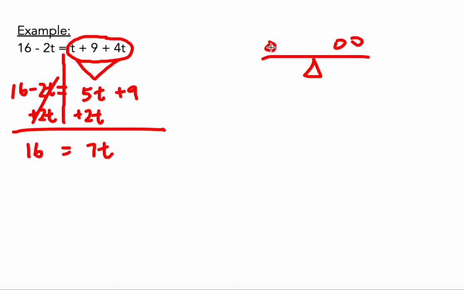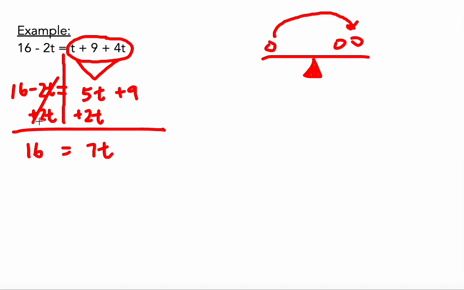But once I take something away from the right-hand side or the left-hand side, it's going to affect the balance of my scale. So again, if it's on the same side, no problem, do normal math. But if they're on opposite sides, now you're talking about the weight that you need to balance out on your scale. Because remember, we have to keep them equal. So if they're on opposite sides, you gotta perform opposite operations.